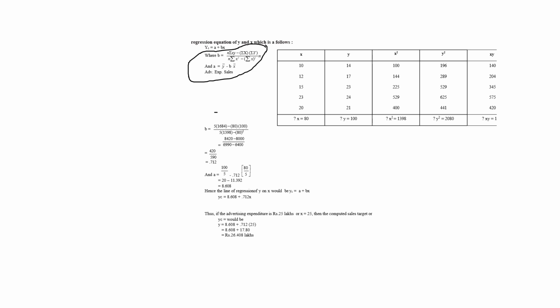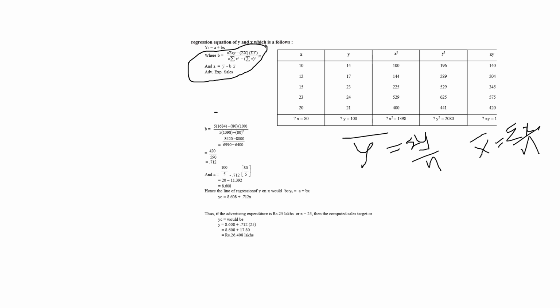y bar is equal to summation of y divided by n, we will get y bar. For x bar also the same: x bar is equal to summation of x divided by n.